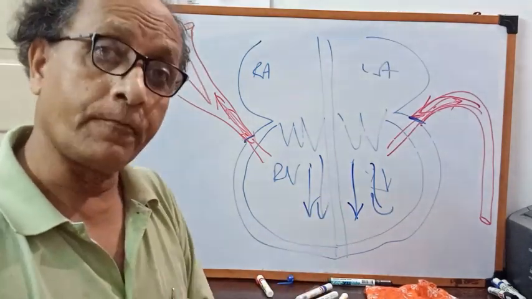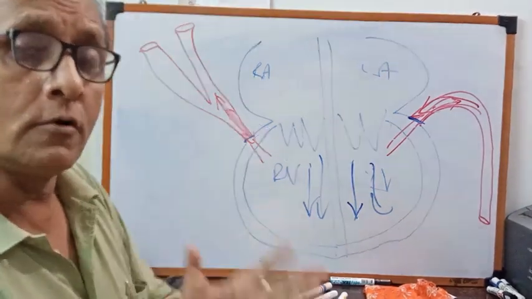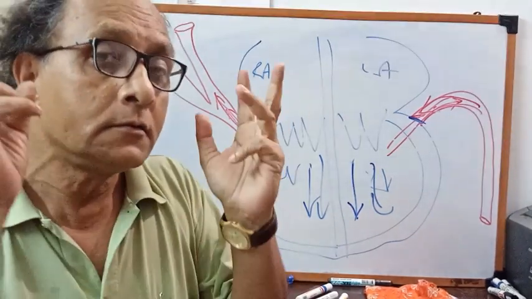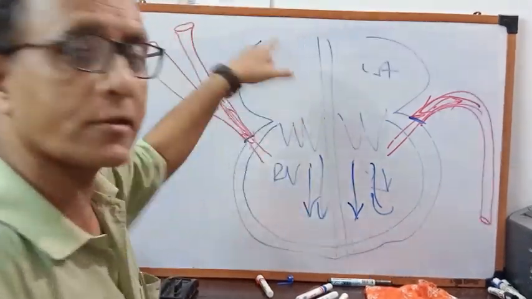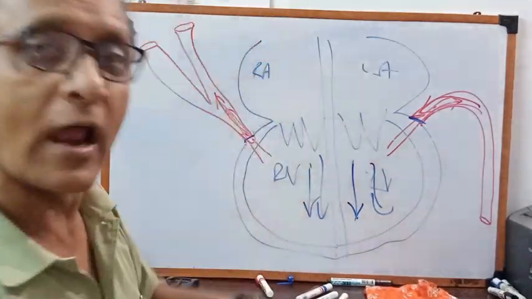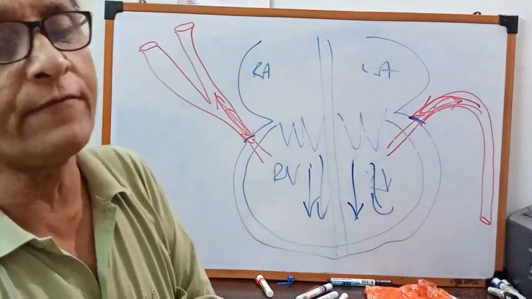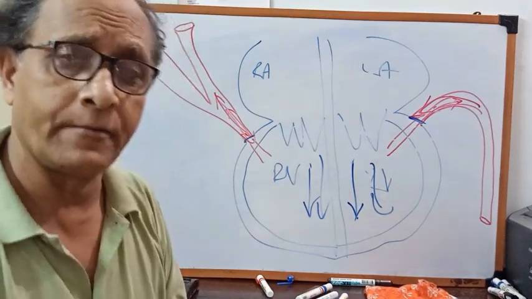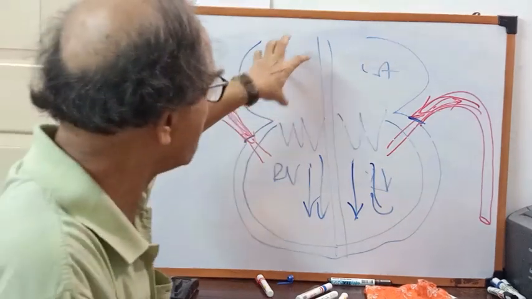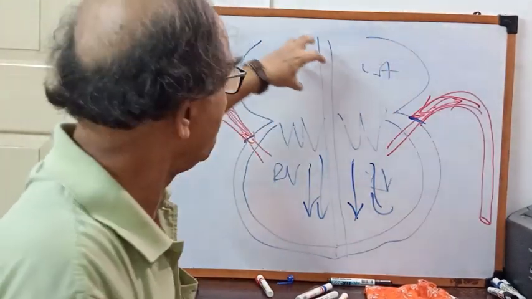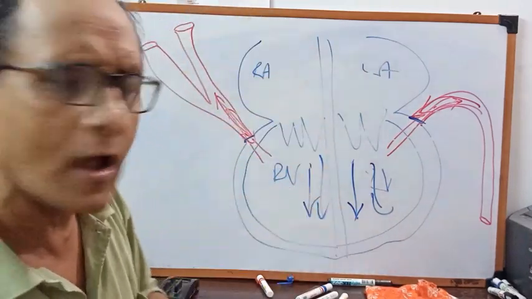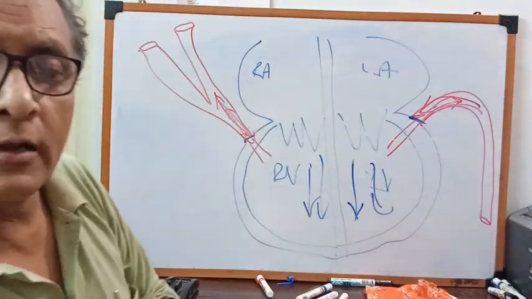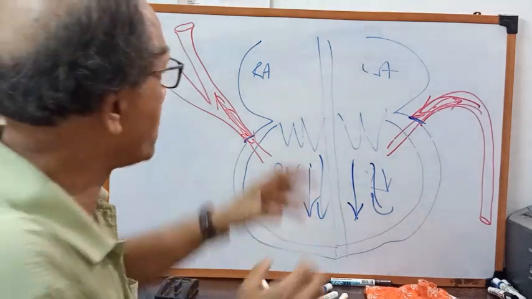Now, in filling, again there are three phases. First, due to massive pressure gradient, is the rapid filling phase, or first rapid filling phase. This is the situation when the atrium is not contracting. The atrium contains a large amount of blood filled by the vena cava or pulmonary veins.